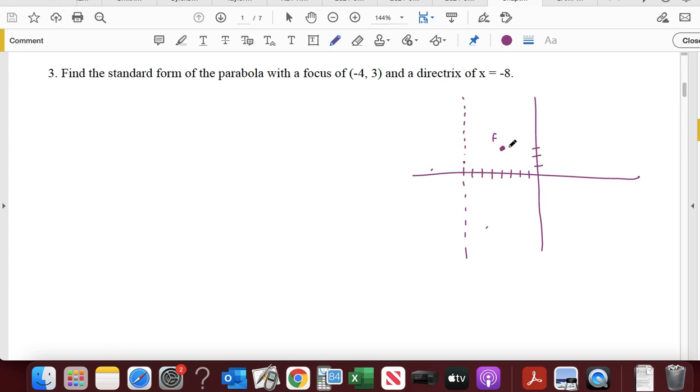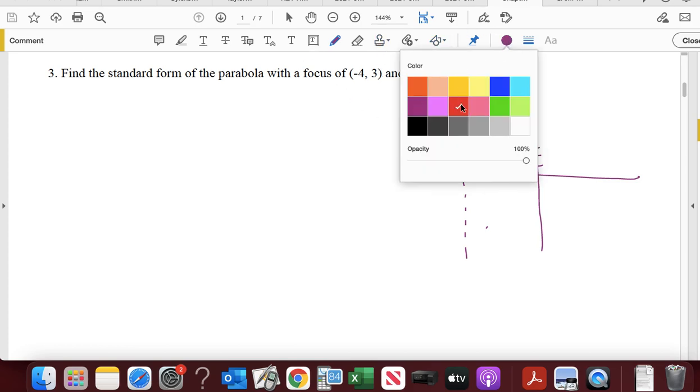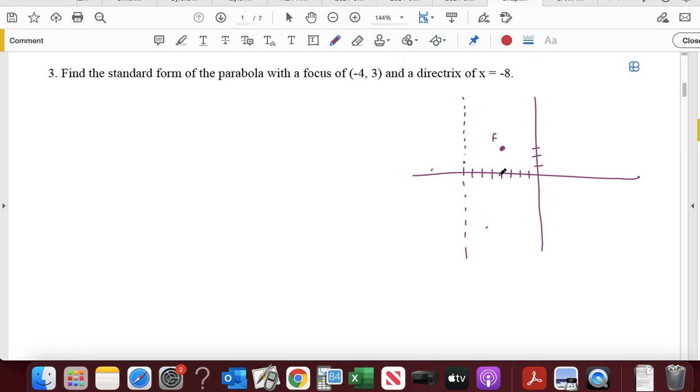So if you remember what a parabola looks like, a parabola has the vertex, which is like its center point, in the middle of the focus and the directrix. So we know our center point has to be, this is 4 units total, so I go 2 to the left. So my vertex is at, instead of (−4, 3), it's at (−6, 3), which is how I can get my h and k.